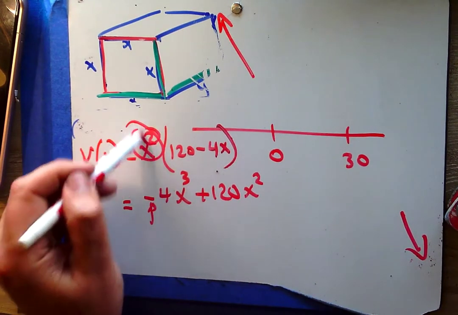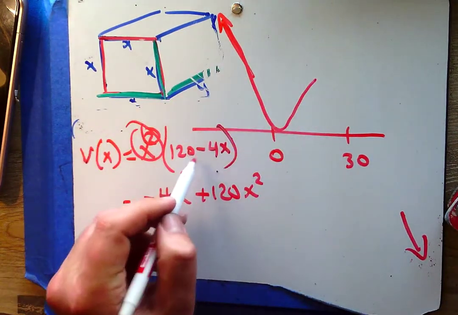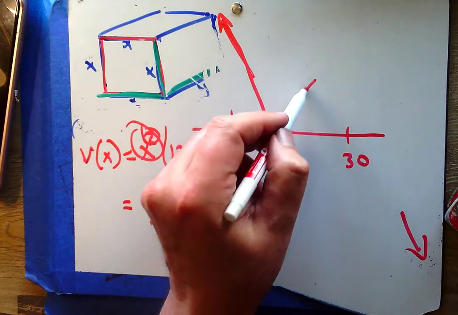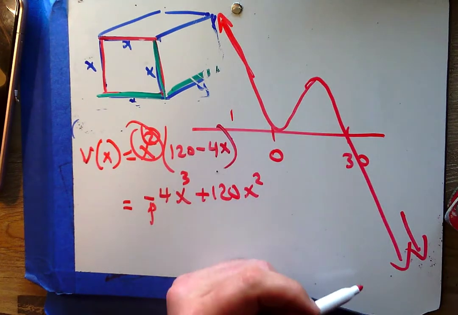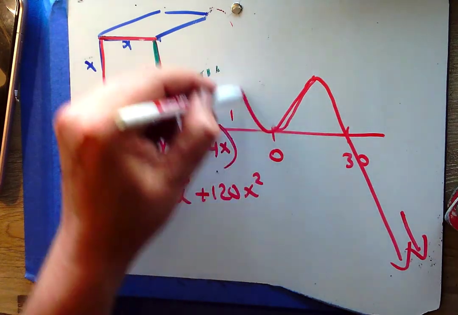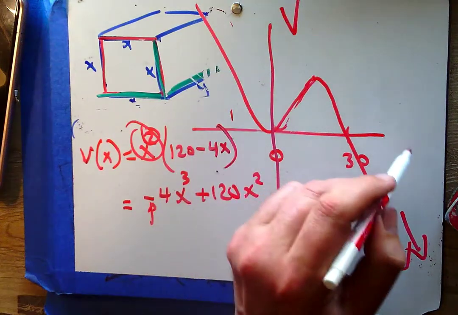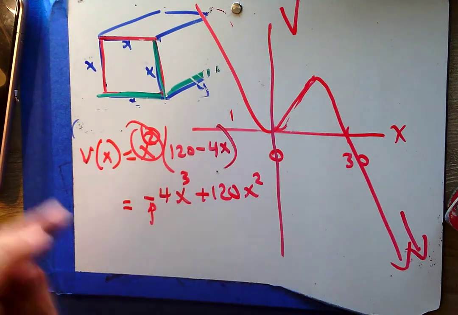We said because of this 2 that we were going to bounce at 0, and then because this is a multiplicity of 1, I'm just going to pass through at 30. Okay? So here's my volume equation graphed. And remember, these are volumes, and these are x's over here.